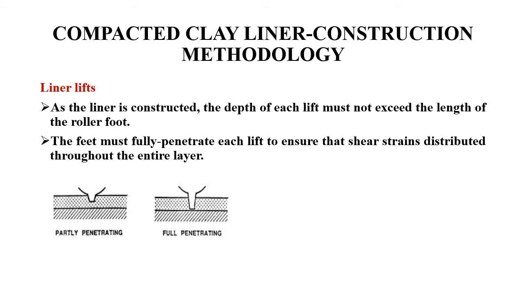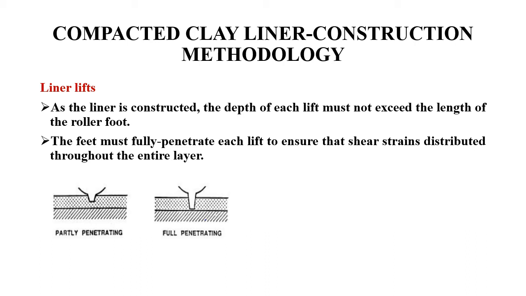So that is the reason why the sheep's foot roller is preferred for compacting clayey soil: it realigns the soil particles to form a dispersed structure, thereby making only fewer void spaces and promoting lower hydraulic conductivity.